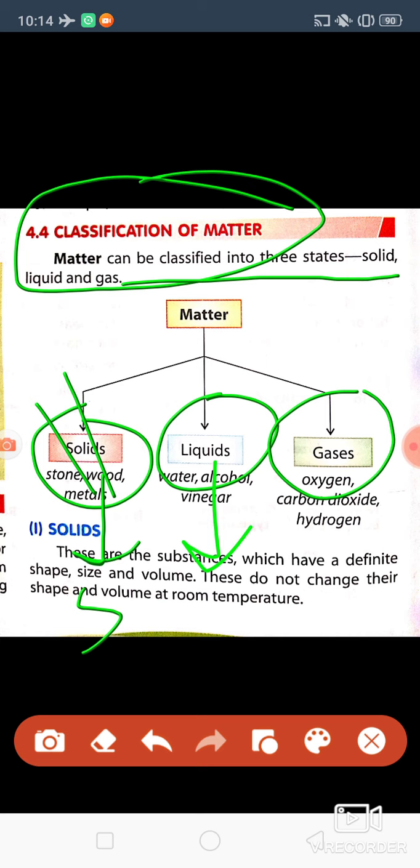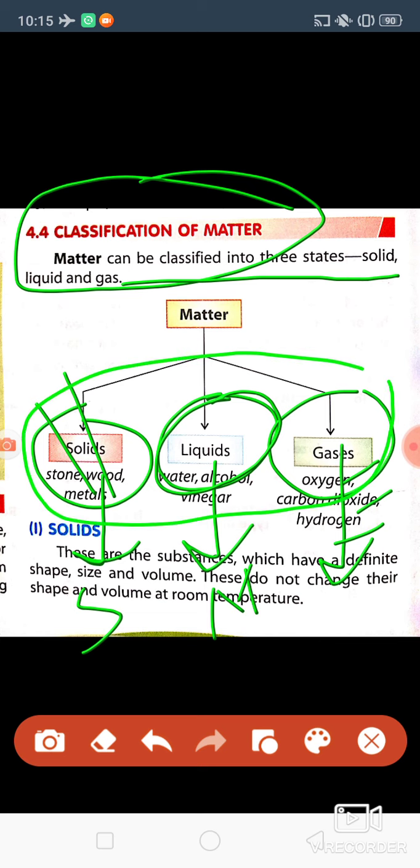Then liquid: milk, water, kerosene. Then gas: so many gases are there, oxygen which we breathe in, carbon dioxide which we breathe out, hydrogen which is filled in the balloon and it goes up. You must have seen that balloon. So matter is classified into three states: solid, liquid and gas.